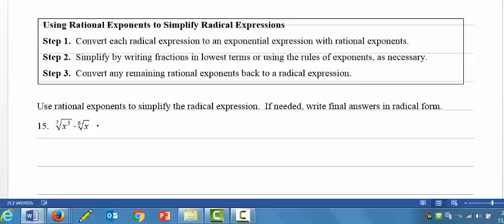So this problem is going to be written as x to the 3 over 7 times x to the 1/6, which the rules of exponents say is x to the 3/7 plus 1/6. Common denominator is 42. I'll multiply 3 over 7 times 6 over 6 to get 18 over 42.